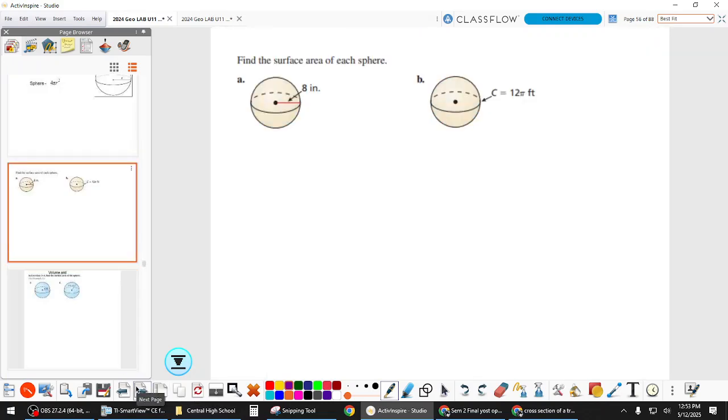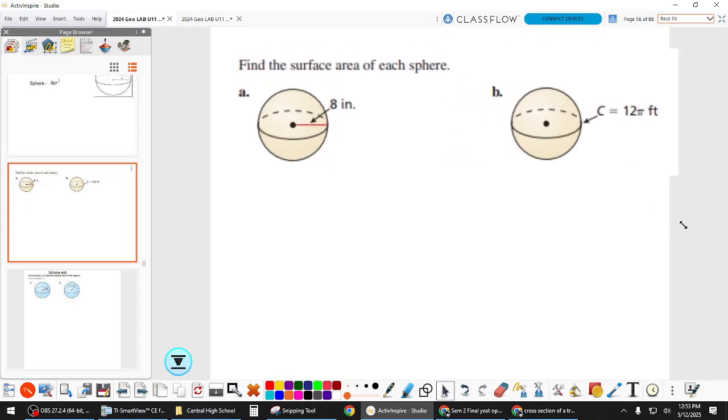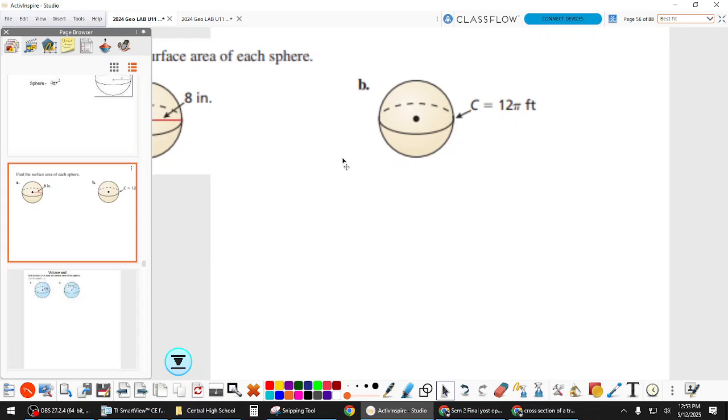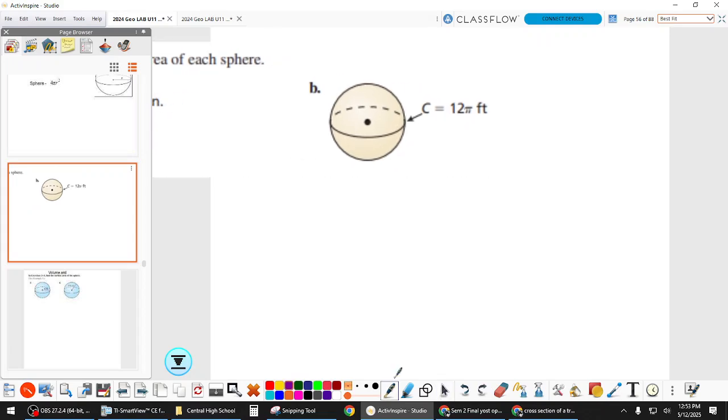Surface area. That's really easy. Oh, real quick. Let's talk about this one. What does this C stand for? Circumference. Yeah, so we saw a problem like this last week. If we're trying to find the surface area or volume, either way, we need the radius.